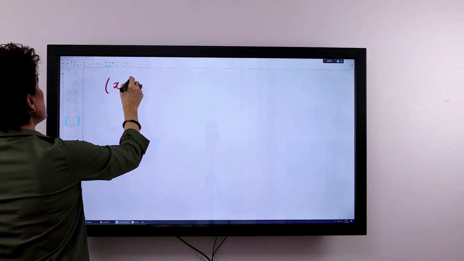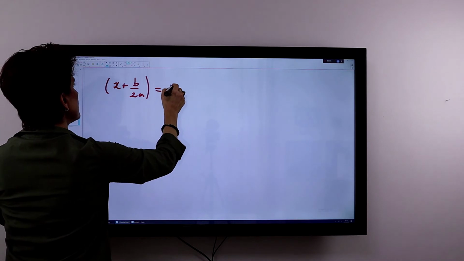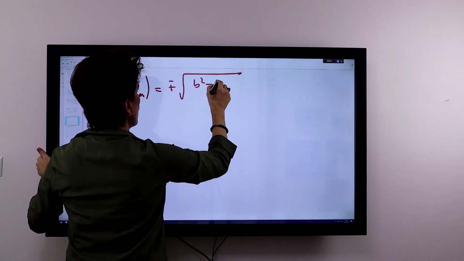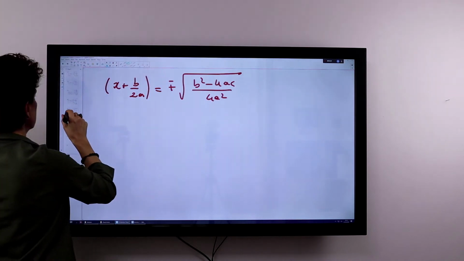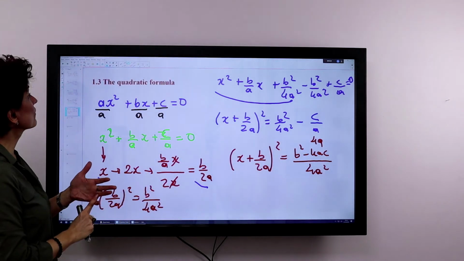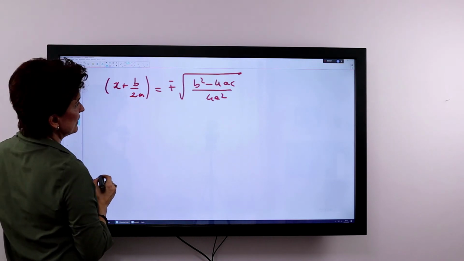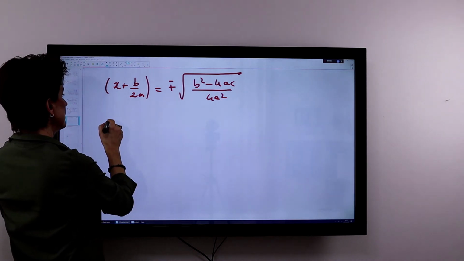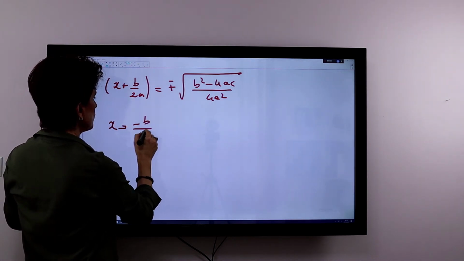Here, x plus b over 2a could be positive or negative square root of (b squared - 4ac) over 4a squared. Got it? Look at this here. Did you see? If I take the square root, we get positive and negative. Then I'm going to move this to the right-hand side because we will find the x value: negative b over 2a.